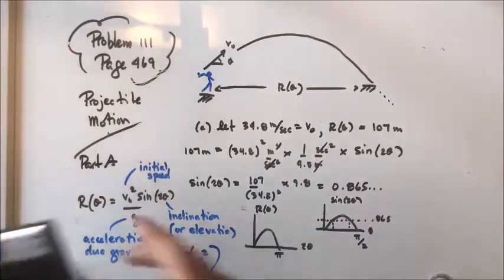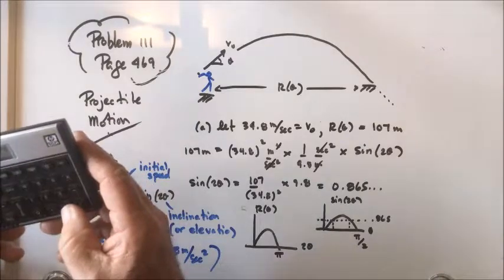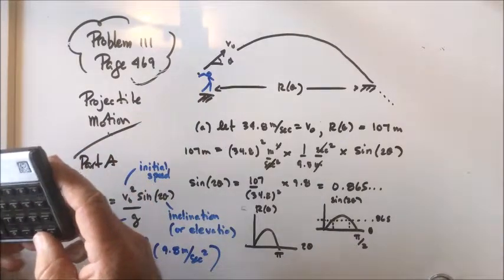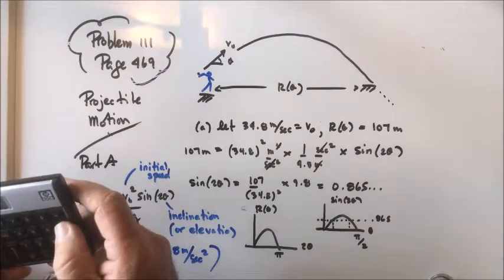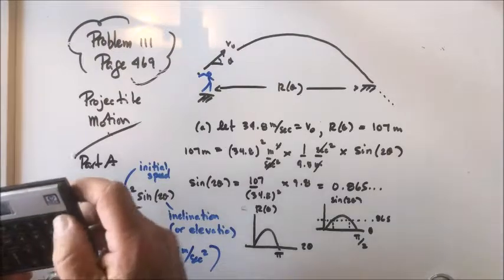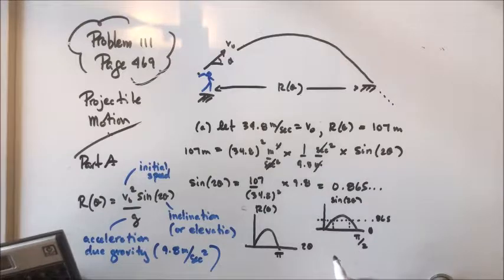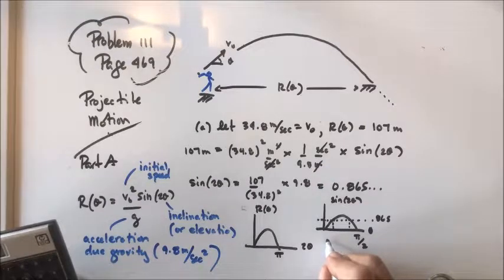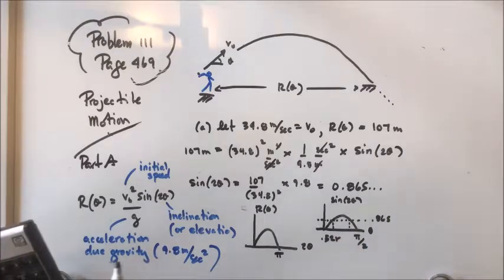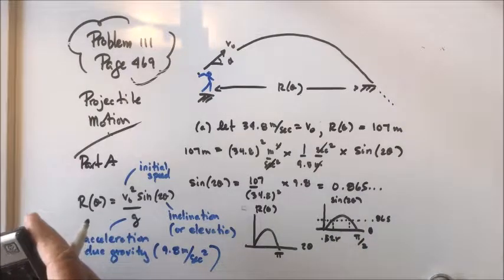All I have to do now is take the arc sine of this value. I'm making sure my calculator is in radian mode. I just did it. I'm going to divide by 2, and I'm going to get 0.52 radians. And 0.52 radians is about 30 degrees, right?